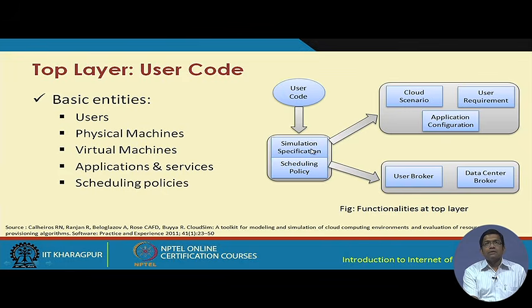The simulation specification and the scheduling policy again break into two parts. One has the application configuration, the cloud scenario, and the user requirement. So, this is basically the simulation specification, taken care of by these three components: the cloud scenario, user requirement, and application configuration. The scheduling policy is taken care of by the sub components, which are the user broker and the data center broker.